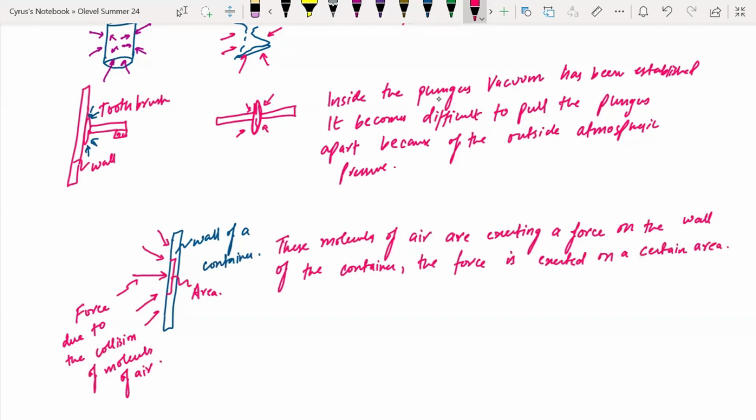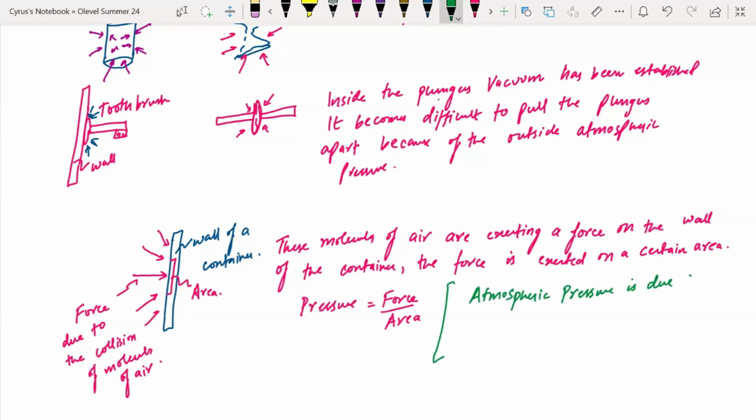And since pressure is equal to force over area, you should know by all means that atmospheric pressure is due to bombardment, or you can say collisions of air molecules with the walls of the container.